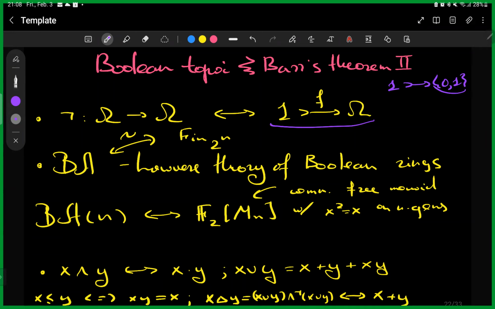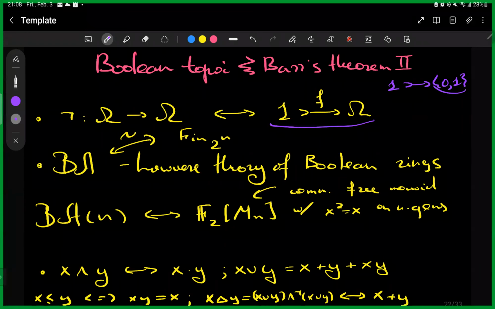Okay. So now we can define what is a Boolean algebra or a Boolean ring. These are not completely the same, but their models are always equivalent, so I won't distinguish between them very much. But the idea is that we can define a Lawvere theory of Boolean rings like this.